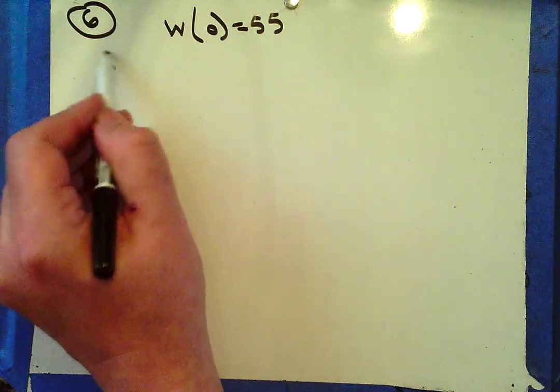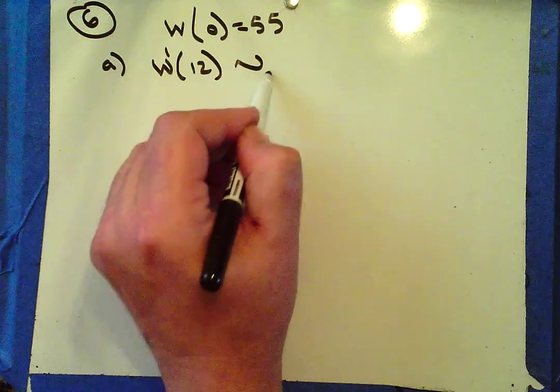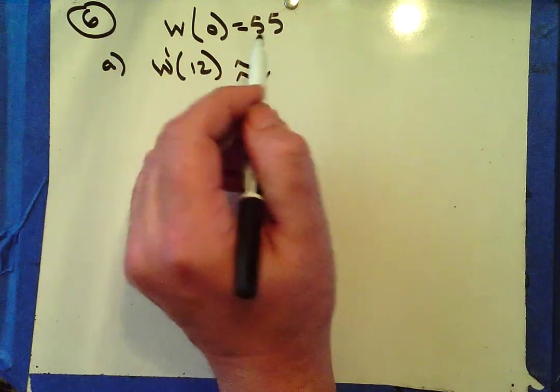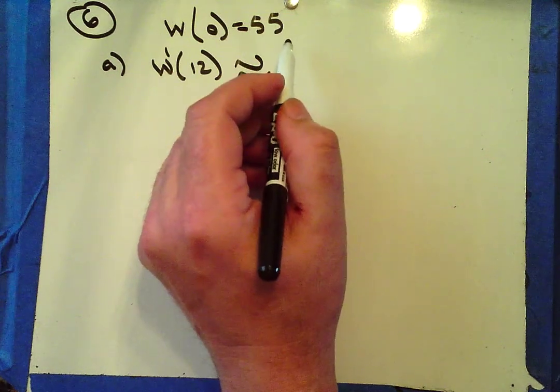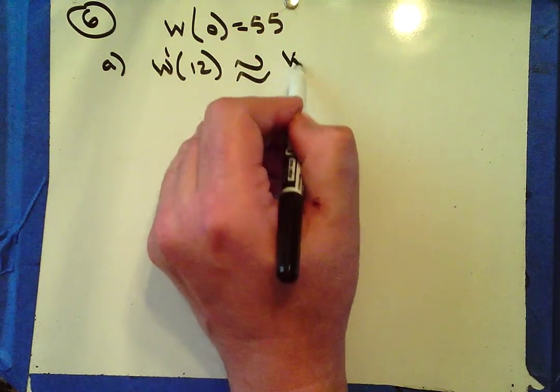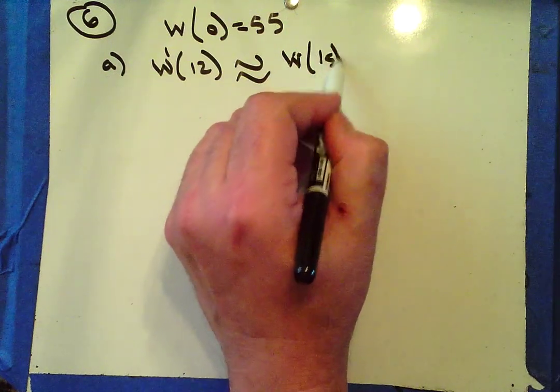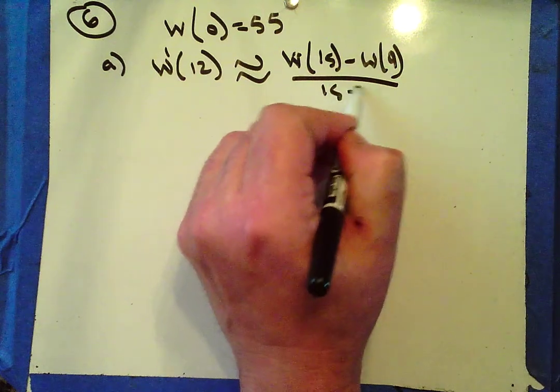Okay, so for part A, W prime of 12 is approximately the slope between 9 and 15. So that's W of 15 minus W of 9 over 15 minus 9.